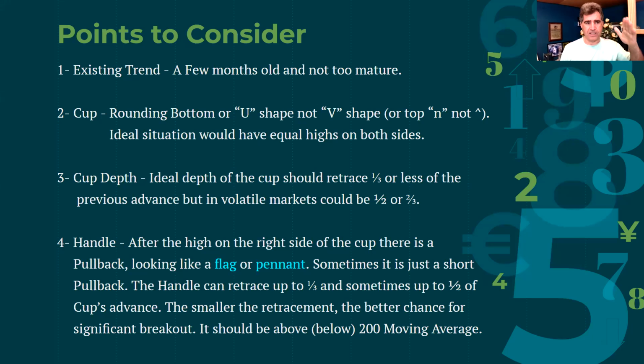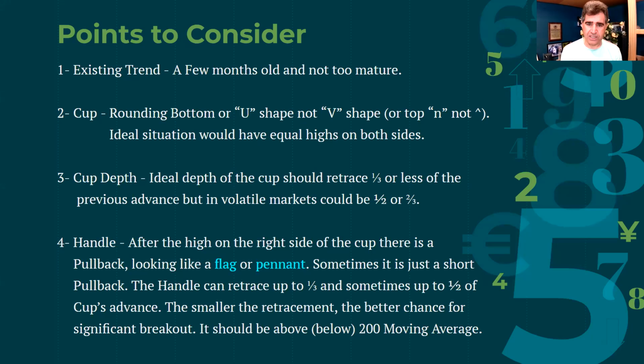You don't want a huge retracement, which kind of defeats the momentum of it. Bill O'Neill thinks 1/3 or less is adequate, and that would be good. And the shallower it is, the better it actually is.